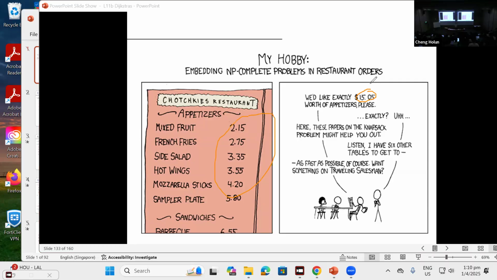It's called the knapsack problem. If you didn't know it, this problem can translate to the Hamiltonian cycle problem, if you can model the problem right. So that's why this problem is also NP hard or NP complete.